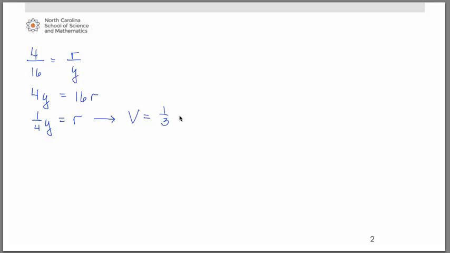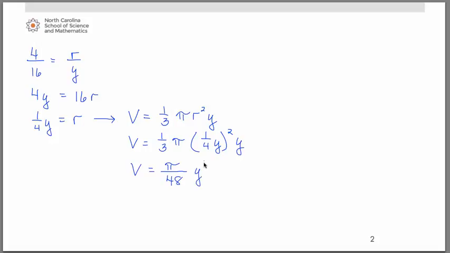Remember what the volume equation was, 1/3 pi r squared y. We're going to put 1/4 of y in place of r. And notice how we're doing all this before we even do any differentiating. When you simplify this, we have pi over 48 y cubed. And notice how simple that's going to be to do the derivative of.